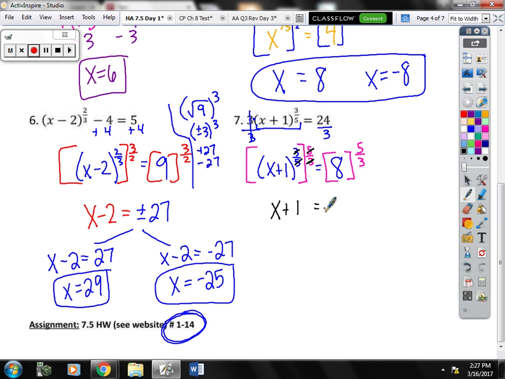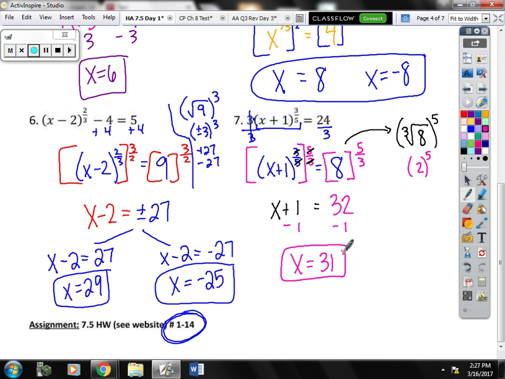On this side, we probably want to do some work off to the side. We're taking the cube root of 8 and then raising that to the 5th power. The cube root of 8, this is an odd root, so the answer is just 2. Not positive or negative 2, just 2. And we all know 2 to the 5th power is 32. So last but not least, we would then solve for x using our inverse operation to get x equals 1.